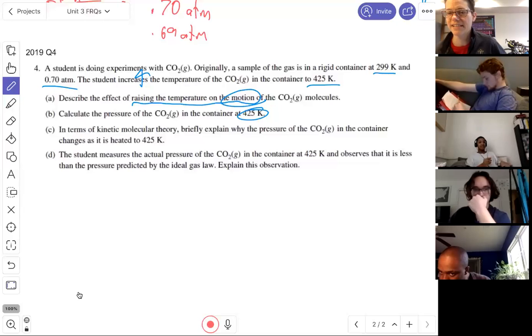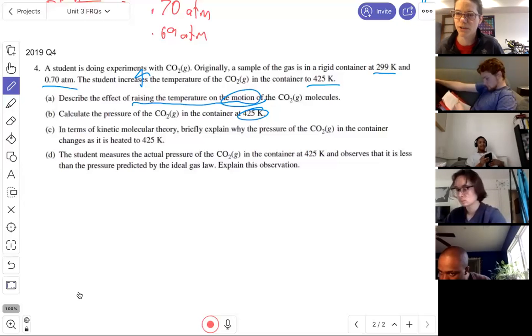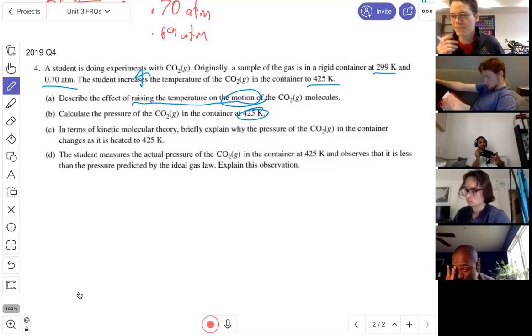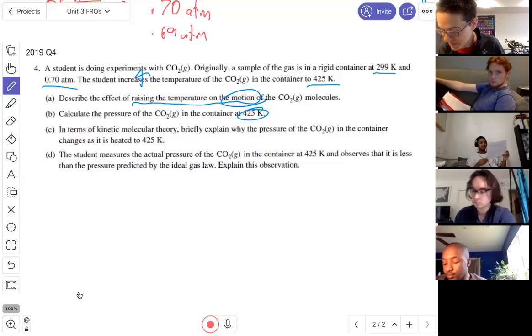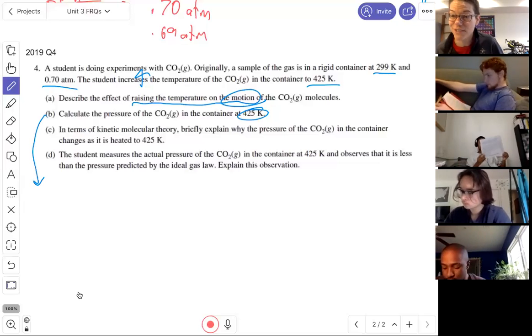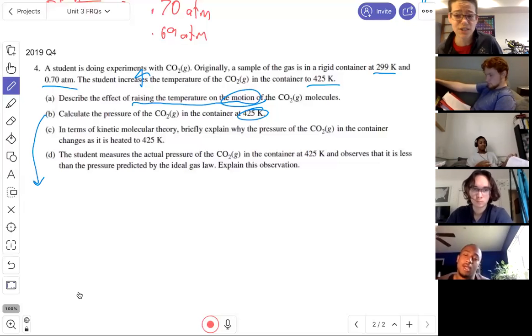This is like a first year chem sort of gas law problem. It's not a PV=nRT problem. The annoying thing is that the equation's not on there. So you have to remember how to derive this formula, unless you've individually memorized Boyle's, Charles's, and Gay-Lussac's law, which you shouldn't.